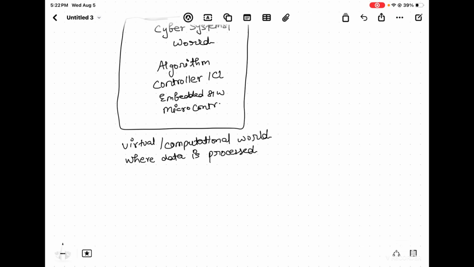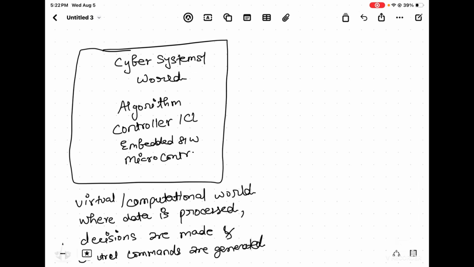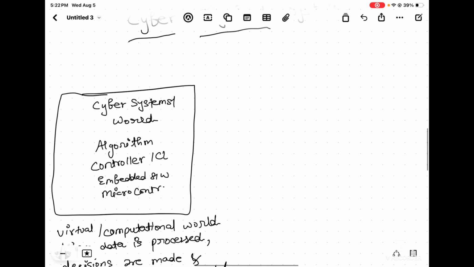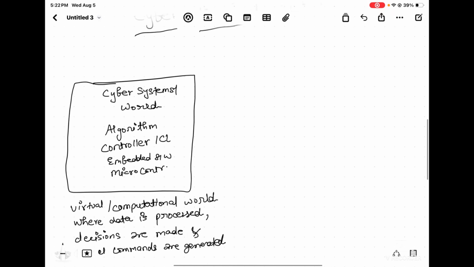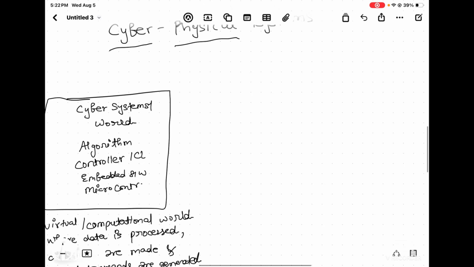So it's a virtual computational world where data is processed and decisions are made and control commands are generated. So your algorithms, control logic, the controller, and all come under the cyber systems or cyber world.